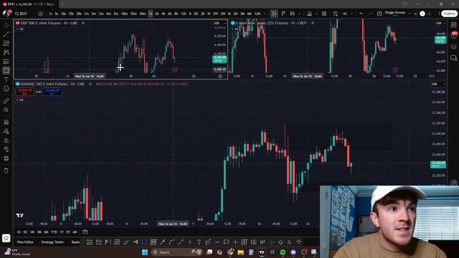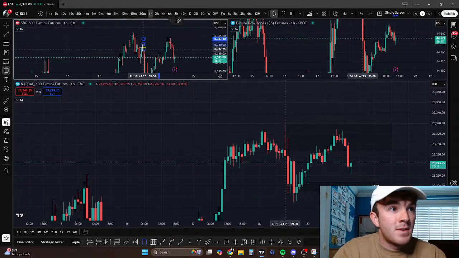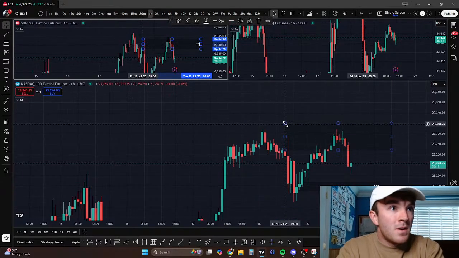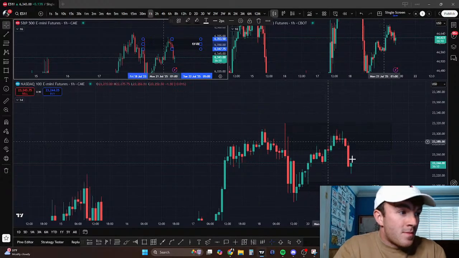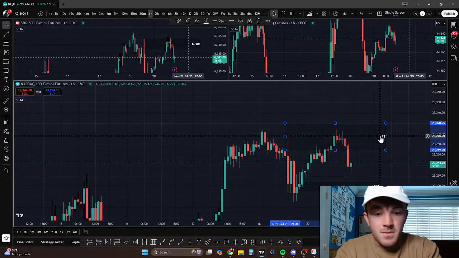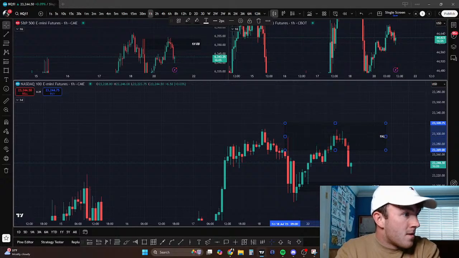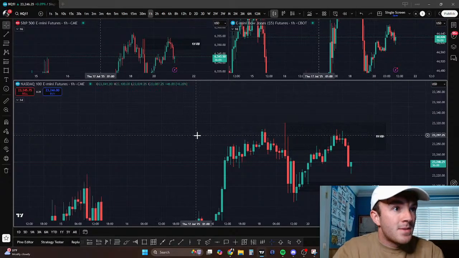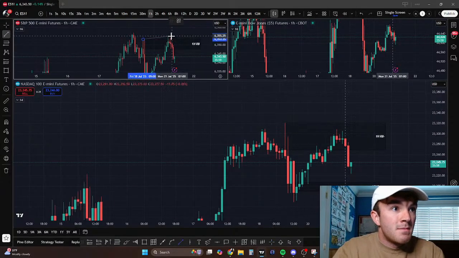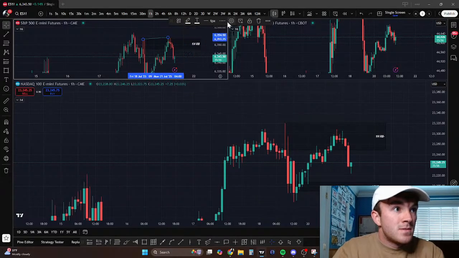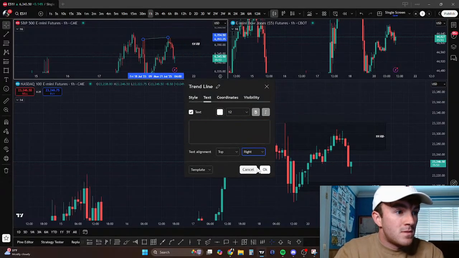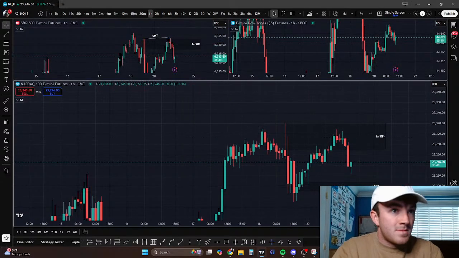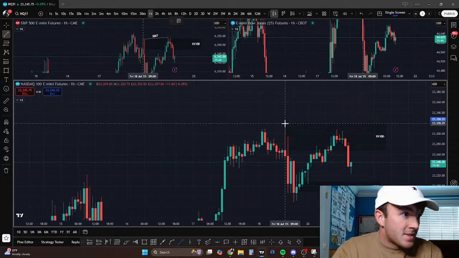This is classic the Phoenix model I just talked about in my video from however long ago, right? Do you guys remember me talking about this? So SMT with this high, right, where one asset makes a higher high. Another asset makes a lower high. I'm liking this so far.